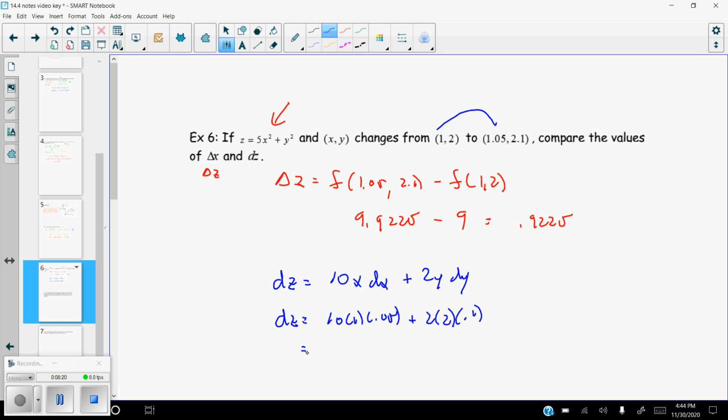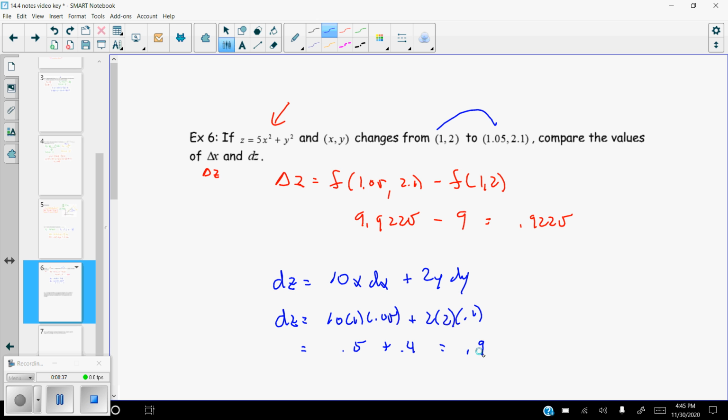So we're going to get 10 times 1, which is 10, times 0.05, which is 0.5, plus 2 times 2 is 4, times 0.1 is 0.4, so 0.5 plus 0.4 is 0.9.